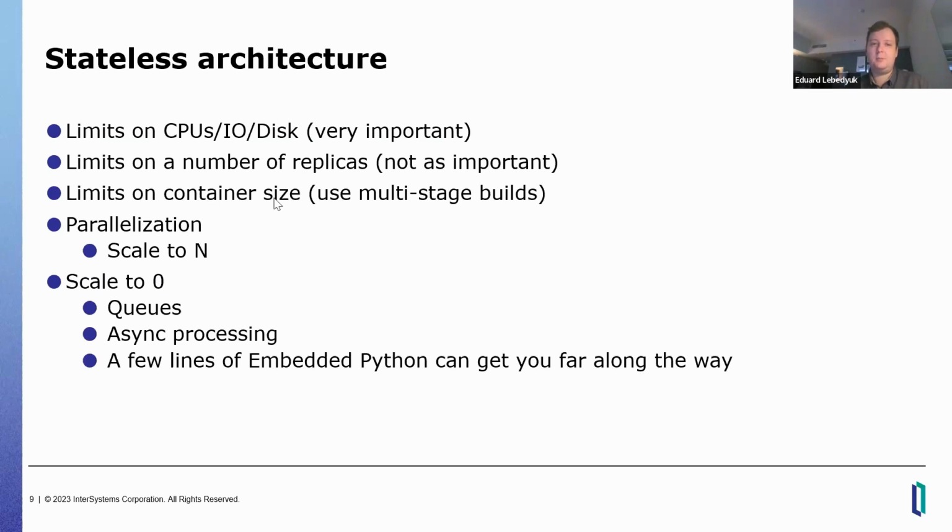Next are the limits on the number of replicas, and they're usually not as important. Most of the time you have limits in hundreds and thousands, and that is not a problem unless you're running a GPU intensive workload. If you provision containers with GPUs, the H100s might be in short supply everywhere. But generally, if you use just CPU, you can get hundreds or thousands.